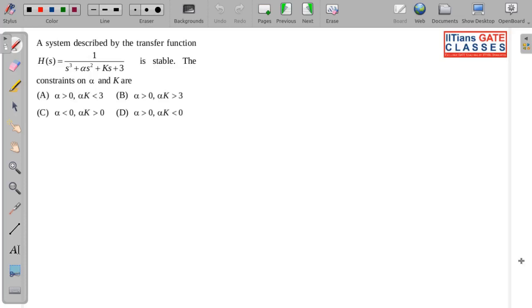So you can see over here that a system is described by the transfer function. This is stable, the constraint on alpha and k. So they have told you that this is the transfer function.